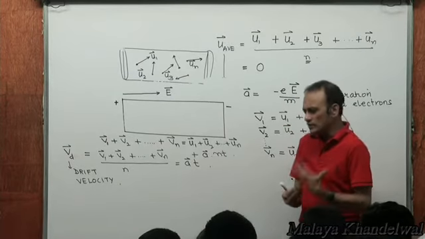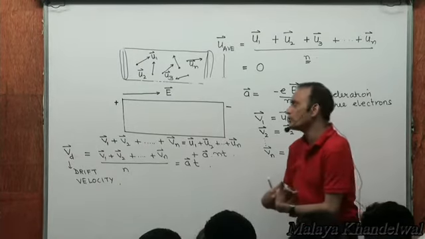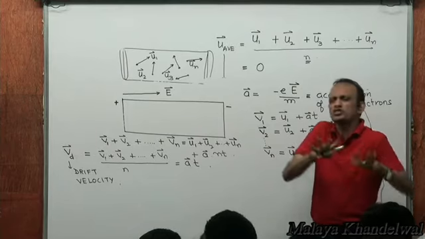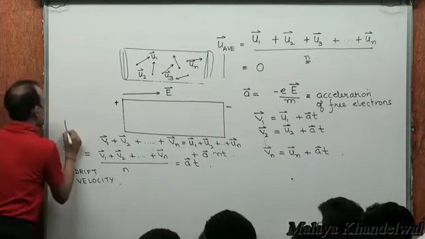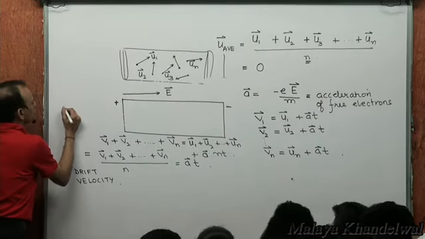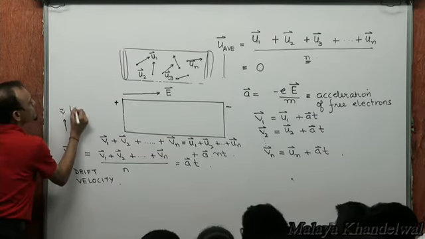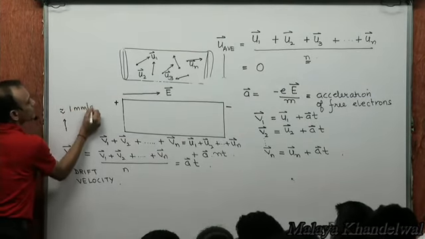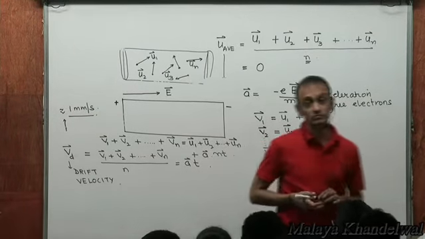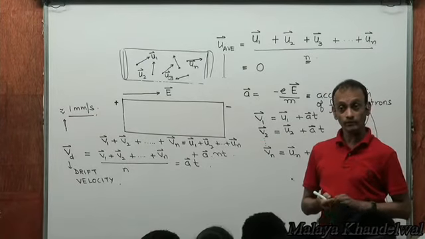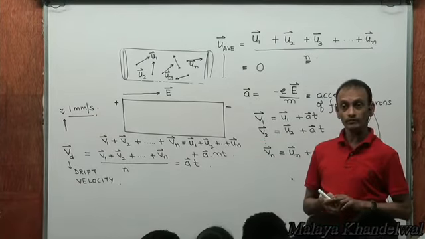In fact, we'll do some computations later on, but as of now, let me tell you that this drift velocity would roughly have a magnitude of 1 millimeter per second. Don't worry about it. A into t will be very small, because t is very small.